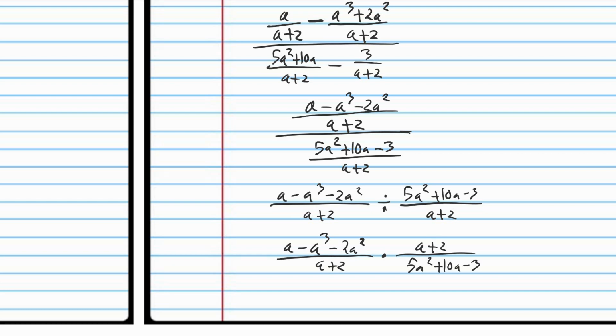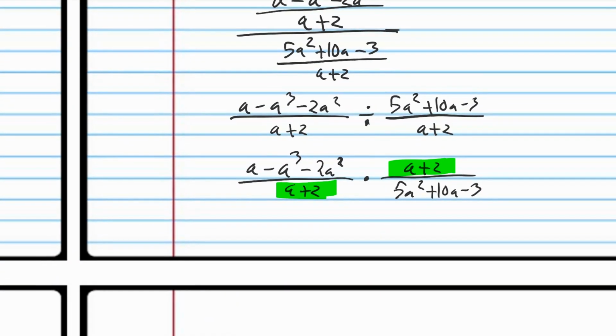And as you can see, we can cancel out. And this is not a quadratic. This is a quadratic, so we could factor this to see if something else will cancel out, but I know nothing's going to cancel out because this is not a quadratic. Actually, technically it would be a quadratic if I factored out an a, but it's not going to be the same quadratic as this expression, so you don't have to worry about that.